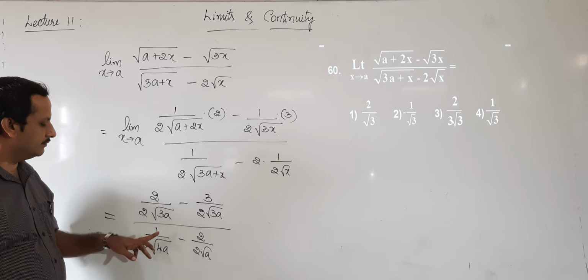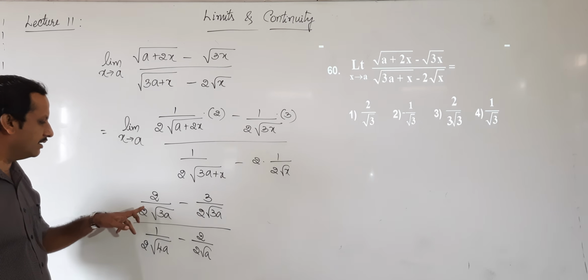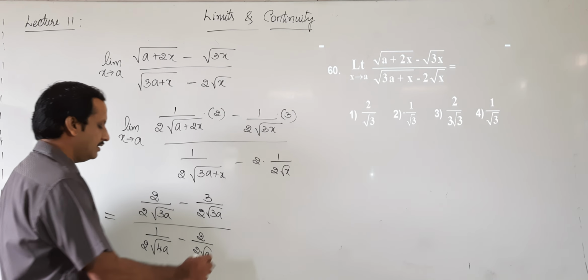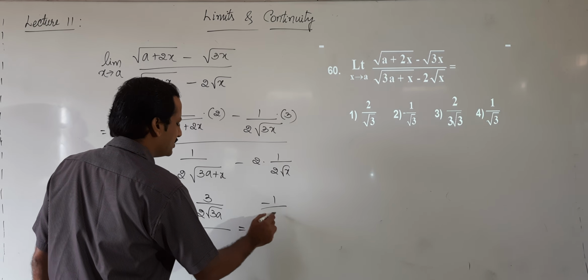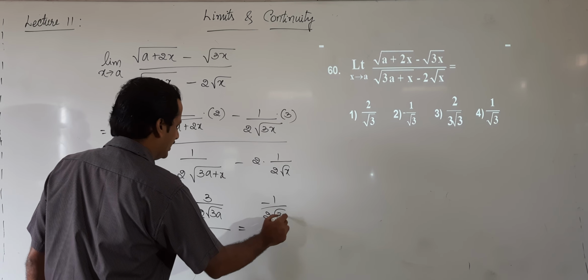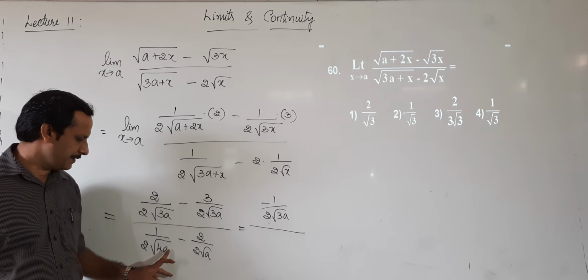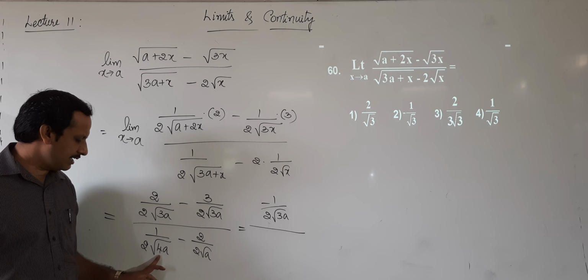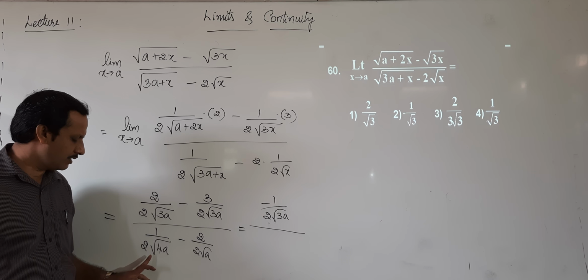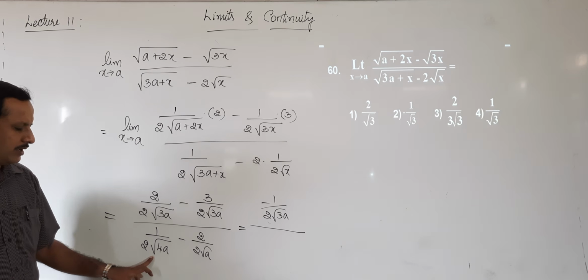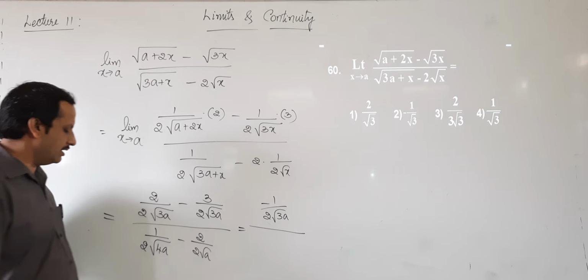Okay, 3a plus a. Fine. So 2 by 2 root 3a minus 3 by 2 root 3a, that will give you minus 1 by 2 root 3a divided by, in the denominator what happens? I can write this as 2 into 2, 4 root a minus 2. Take LCM here.